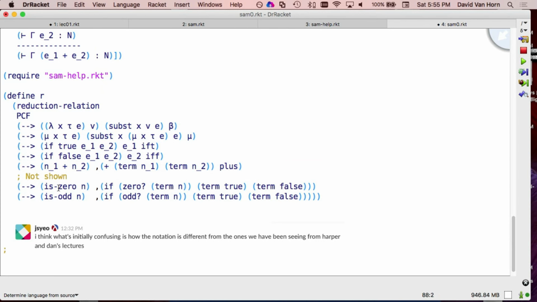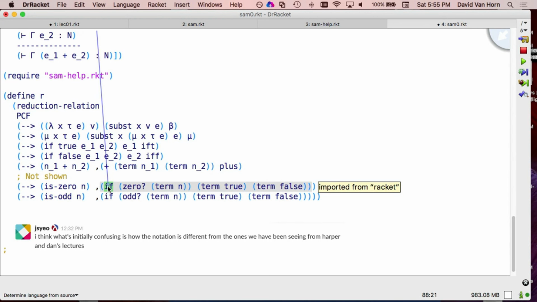And then I also implemented the operations that just weren't shown on the board, like is 0 of a number? I again escape into Racket world.